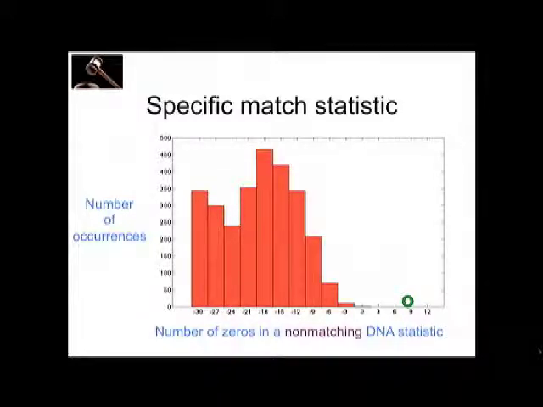So what this shows, if you look at the mass of red distribution, is that when you compare the evidence profile in this case that was used to form the match statistic to thousands of just randomly generated profiles, on average, they're excluded with a match statistic of around 1 over a billion billion.